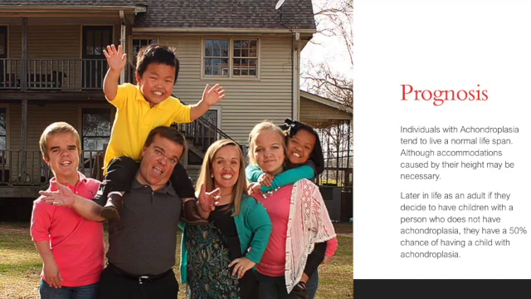So overall, even though it is the most common type of bone growth abnormality, and it affects both women and men equally, and the treatment is limited, the person can live a happy life.